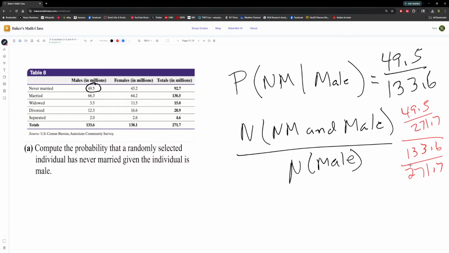So it's easier just to look at the actual numbers for the top and the bottom. The only time you're going to have to do that other piece is if they give you the percentages or the probabilities in the problem, and then you plug them into the actual formula. But in most situations, you're going to have the data, so you're going to be able to just do the calculations like this.